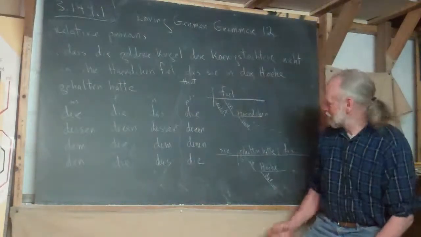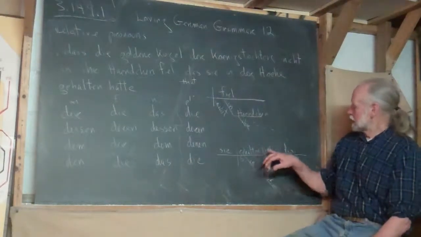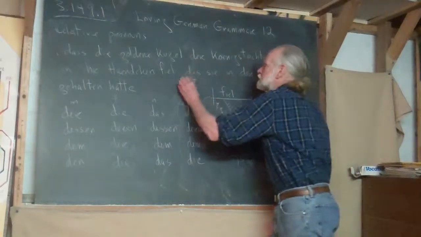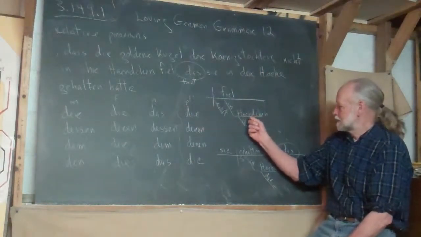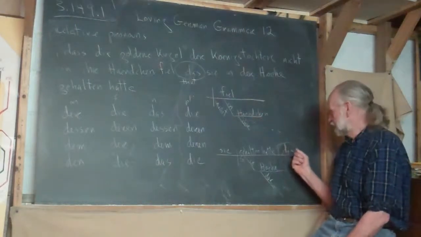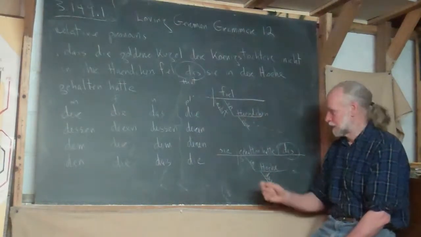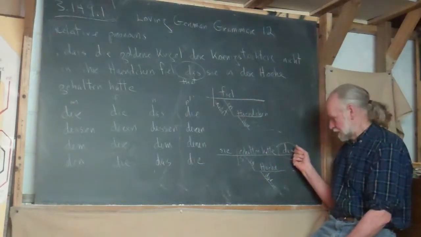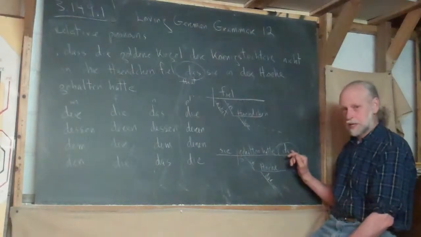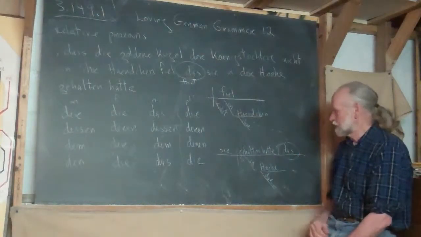Well, anyway, into this diagram here, here's the relative pronoun. There's the relative pronoun. There's the relative pronoun. This is its antecedent. This is the word that this relative pronoun is replacing. She had held little hand in the height. So it's a pronoun that's taking the place of that.